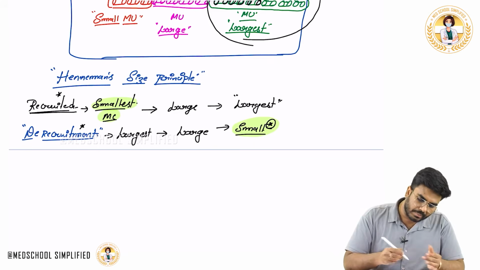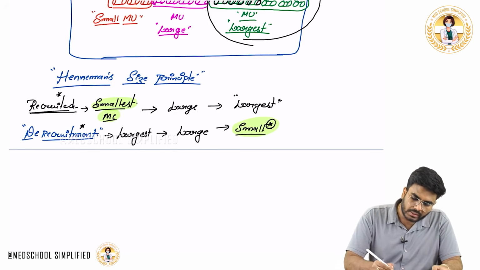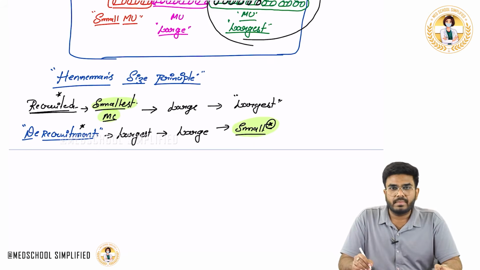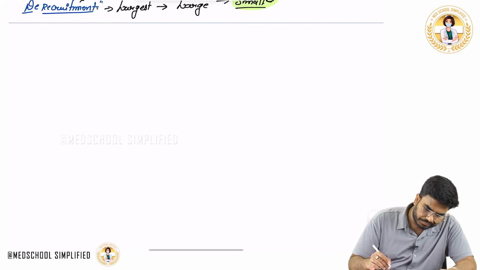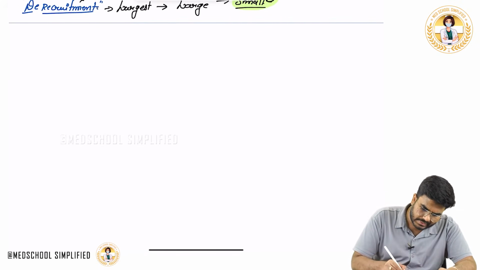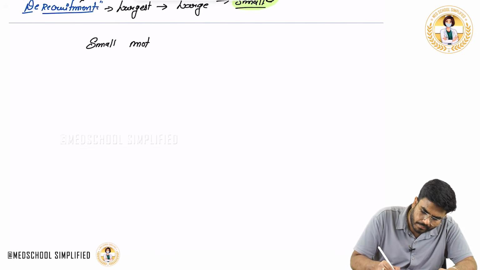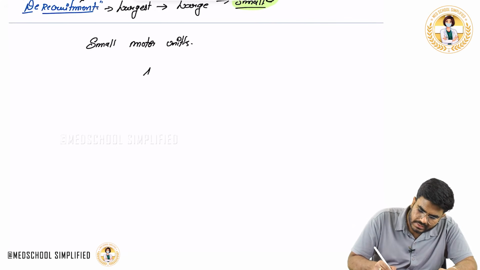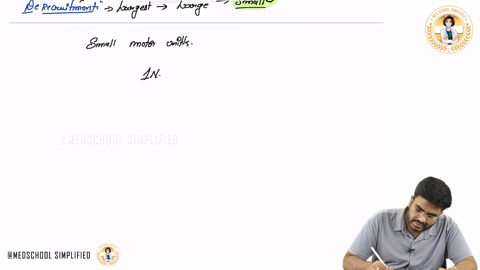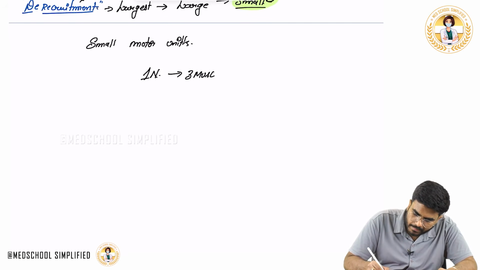Examples which I want you to know: in your body there are small motor units and large motor units. Where will you see the small motor units? Small motor units means one neuron is innervating 3 muscle fibers, a 1:3 ratio.